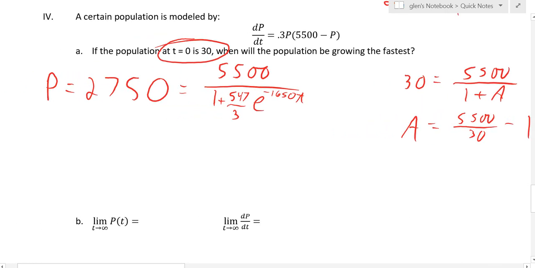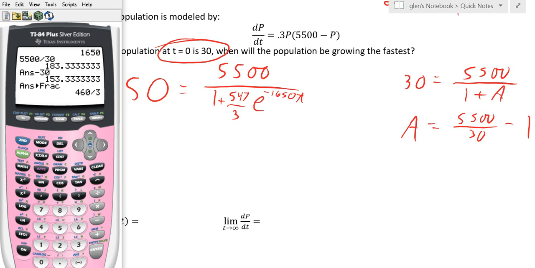You have a calculator. Just do it on there. You know what I'm going to do? I'm going to graph it. It's 5,500 divided by 1 plus 547 divided by 3 times E to the negative 1650 x, and close that off.